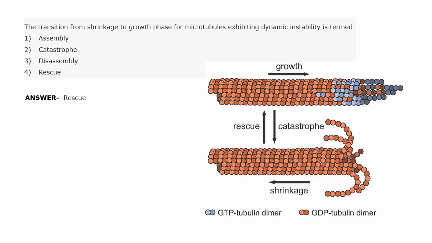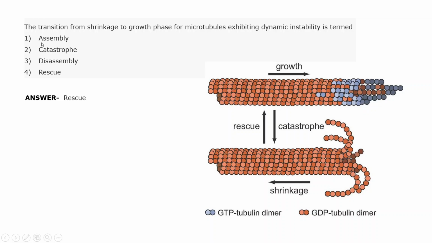When a disassembly phase reaches a particular limit, or when microtubule assembly needs to take place, it undergoes a phase called rescue, meaning that again these tubulin dimers are bound by GTP, and the microtubule enters from a shrinkage phase to a growth phase. That particular phase is called a rescue phase.